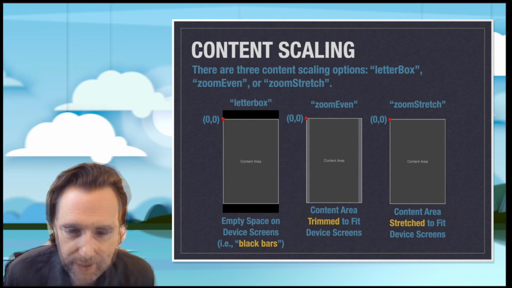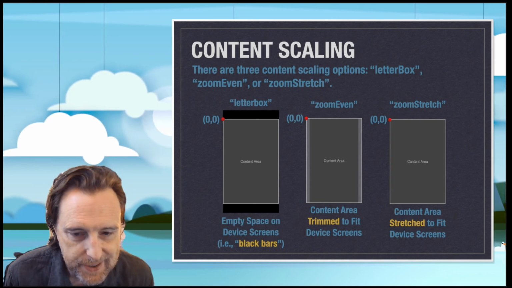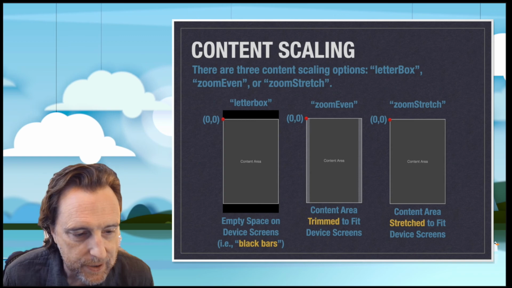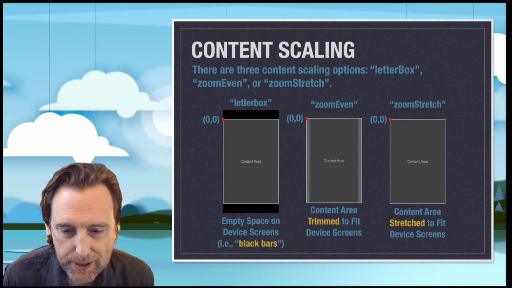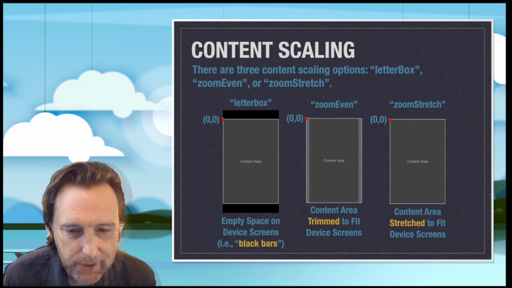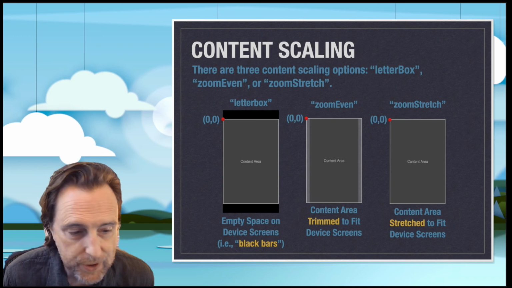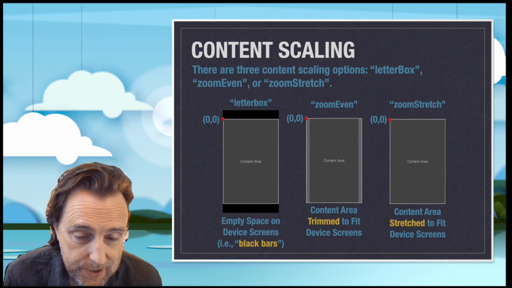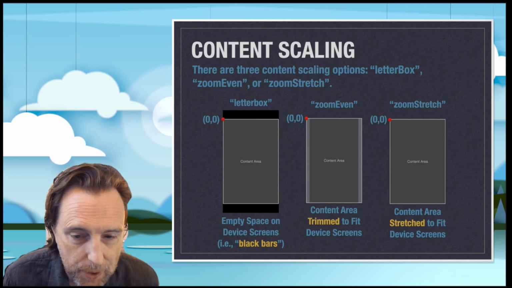Zoom even does kind of the same thing, except instead of leaving blank space, it cuts off space where the scale would go over. So it allows one of your dimensions to overlay the content area so that it will be cut from what's on screen. In the example here, you can see it's essentially trimming a little bit of area to the left and to the right.